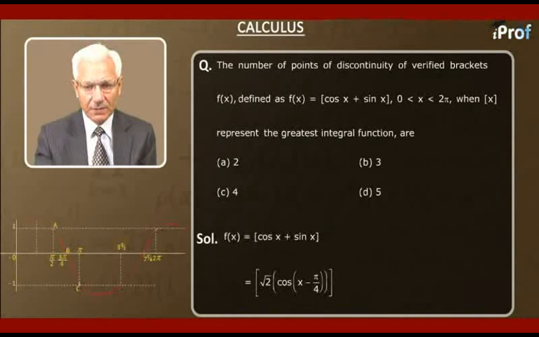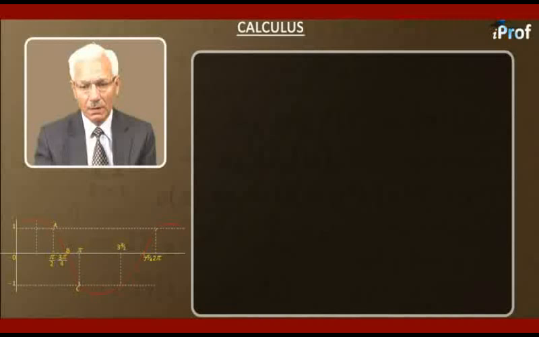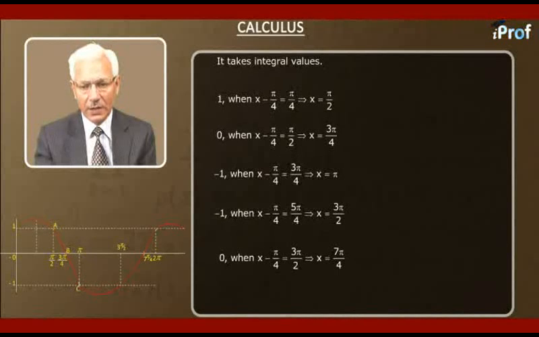Now f(x) is equal to greatest integral value of cos x plus sin x, which can be written as greatest integral value of root 2 times cos of x minus pi by 4. It takes integral values at 1 when x minus pi by 4 is equal to pi by 4, that is when x is equal to pi by 2.